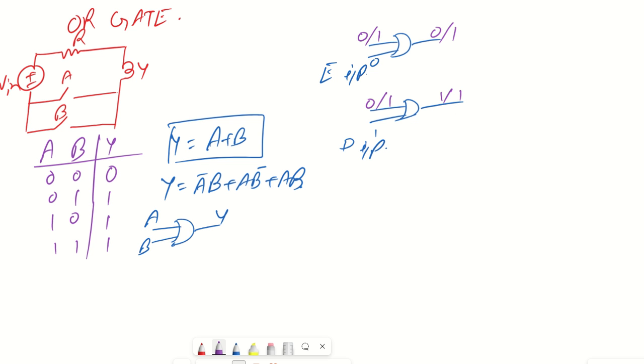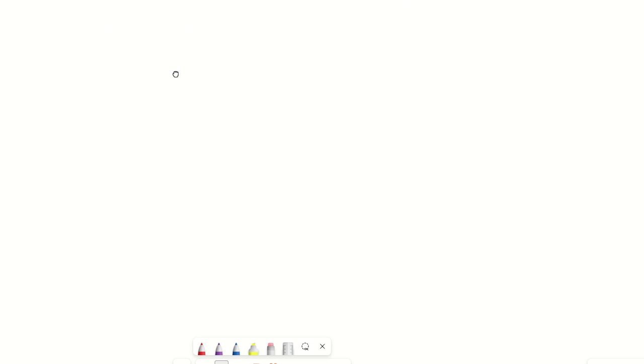Okay, now let us talk about the NAND gate. It is basically nothing but the opposite, or complement, of the AND gate.